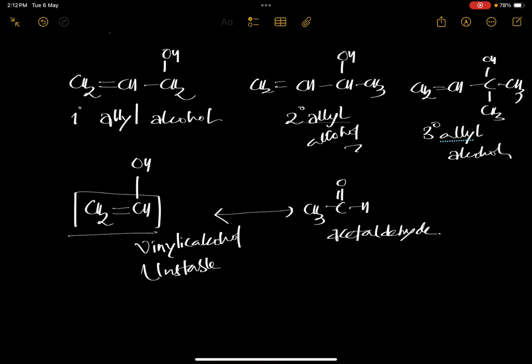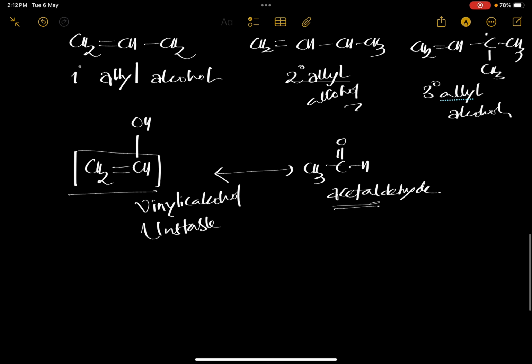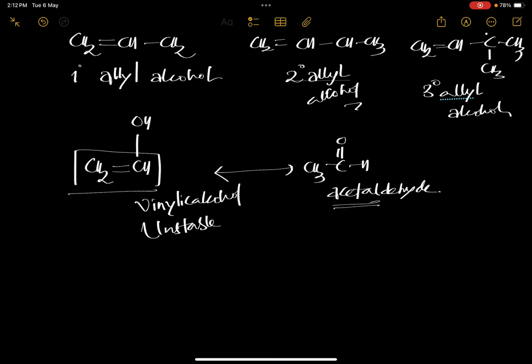Vinyl alcohol is unstable and turns into, in this case, acetaldehyde. Fine. And this particular change is actually called tautomerism. It is a very special concept. We will discuss it when time permits. At present, vinyl alcohol is unstable, so it turns into acetaldehyde.